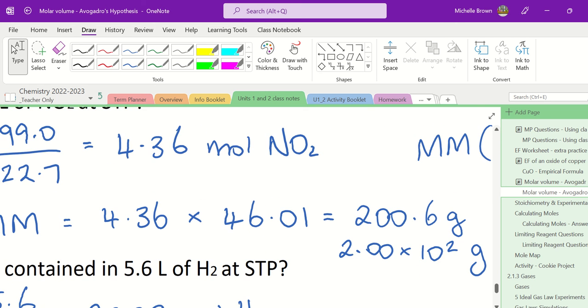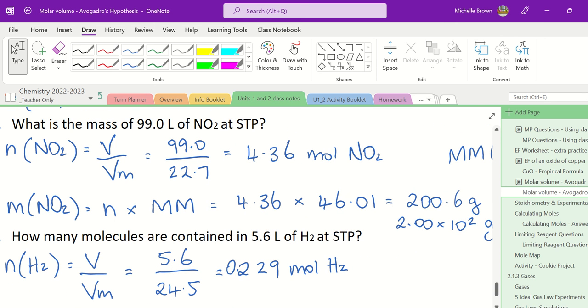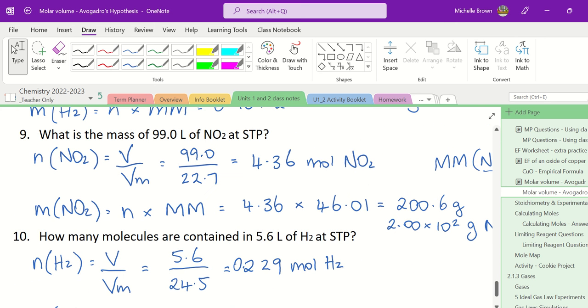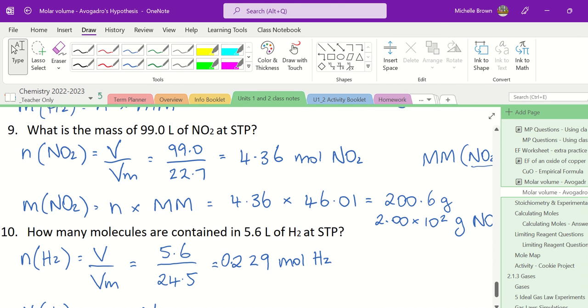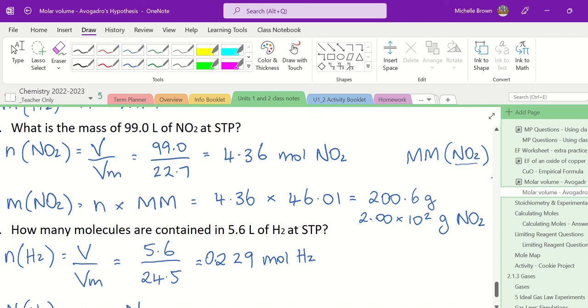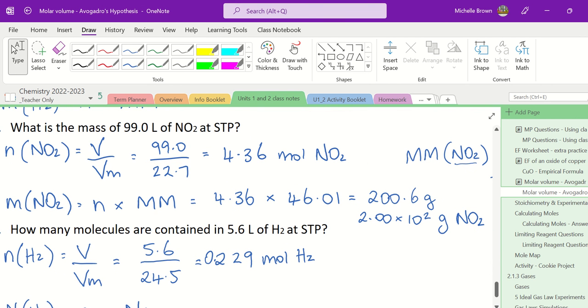So coming back and having a look at our answer, because 3 significant figures is our lowest number in this calculation, I can't put it as 200 because 200 will only have 1 significant figure. So to keep the correct number of significant figures in the answer, you'll have to convert it to scientific notation. So that becomes 2.00 times 10 to the power of 2 grams of nitrogen dioxide.